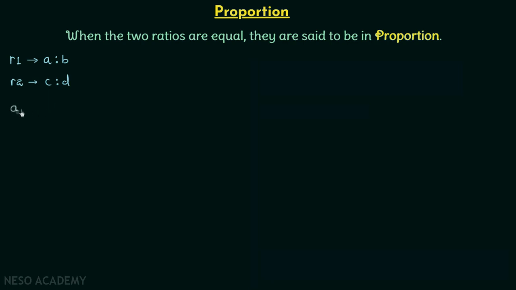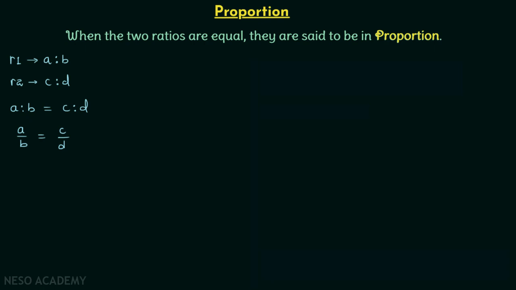This means the first ratio A ratio B will be equal to the second ratio C ratio D. We can write this as A over B equal to C over D. So the point is now clear. A ratio B is equal to C ratio D and therefore the two ratios are in proportion.